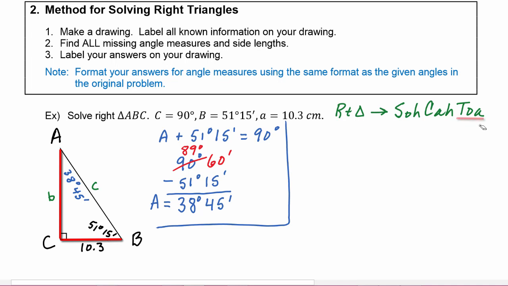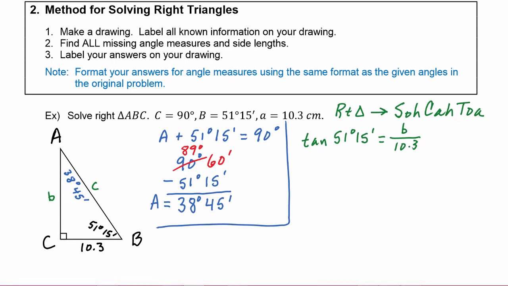So we know if we're using opposite and adjacent, that means we're doing the tangent function. So tangent of 51 degrees 15 minutes is going to equal the opposite leg, which is b, divided by the adjacent leg, which is 10.3.